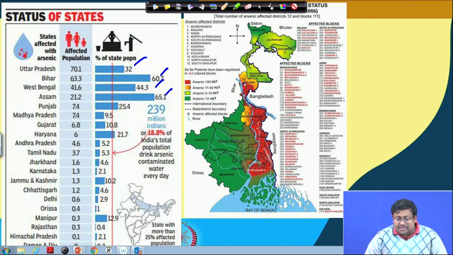So, that shows the impact of arsenic contamination in this area and also in the nearby Bangladesh region. So, friends, today we have discussed the impacts of these trace elements.